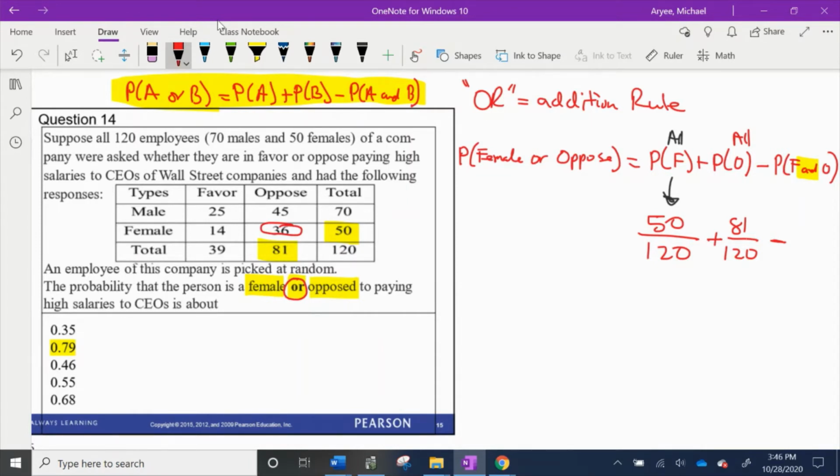So minus 36 over 120. So you could do 50 plus 81 minus 36, put the answer down and divide the result by 120. Got 0.791. So that is why this came the answer.